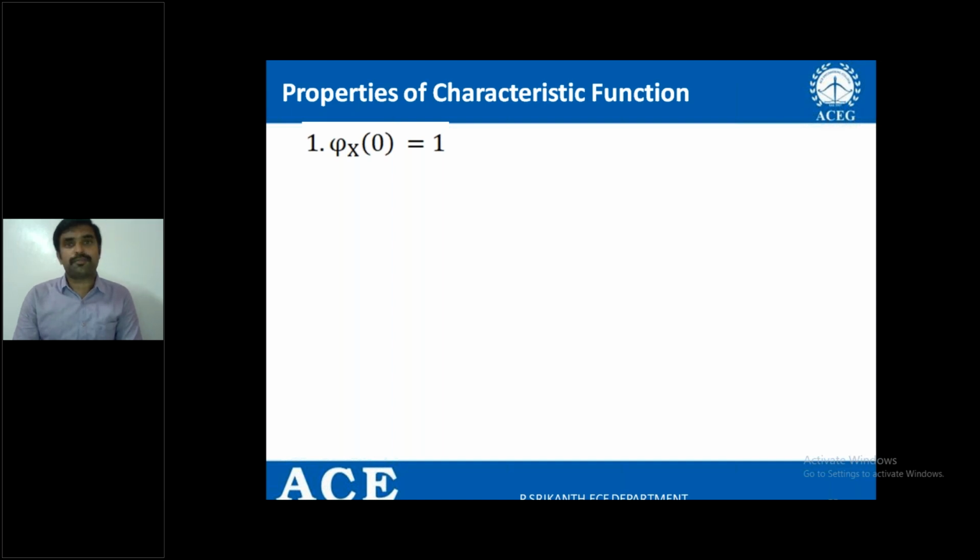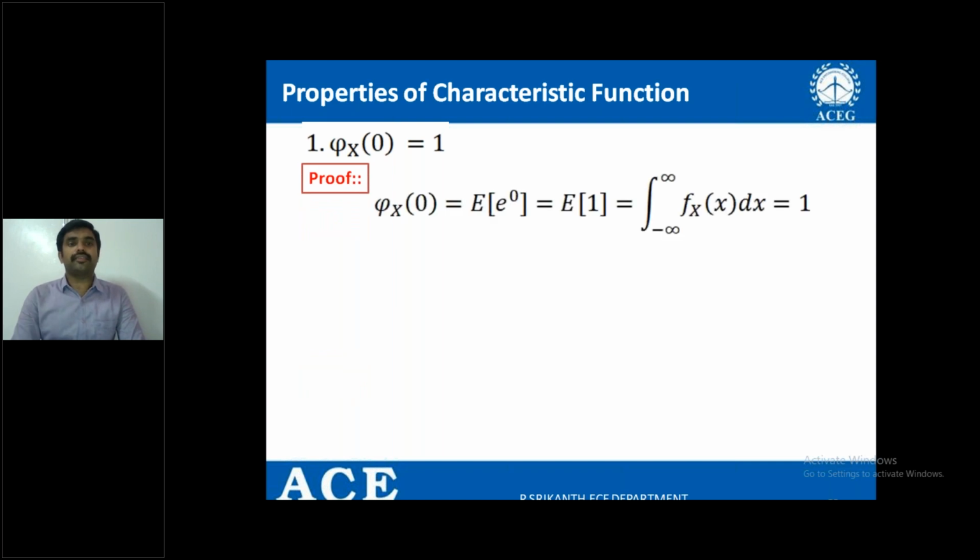You can also prove this property. As we know, the definition of the characteristic function is pi x of omega equal to the expectation of e power j omega x. When omega equal to 0, the power term becomes 0, therefore we get the expectation of e power 0, which is the expectation of 1.